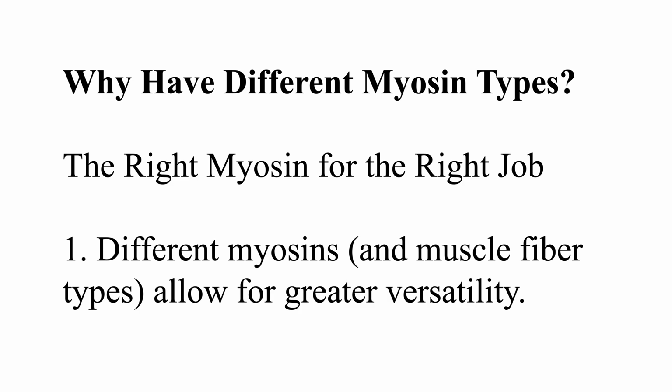Yes, we have the three distinct ones, but there's a huge gray area in between all of them. And we have this continuum of fiber types because it allows us to perform such a wide array of movements. We have, like it says right here, great versatility as humans. We could do a lot of movements, either fast or slow or in between. So we have the right myosin for the right job.